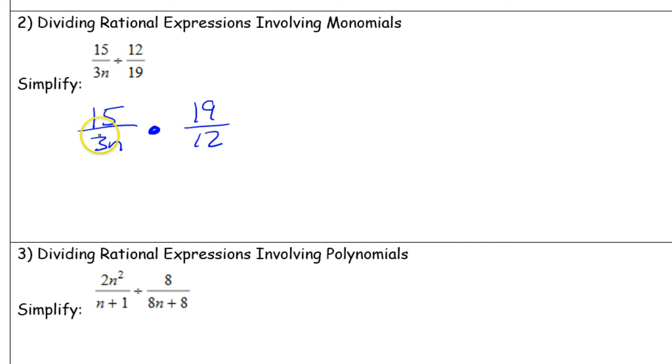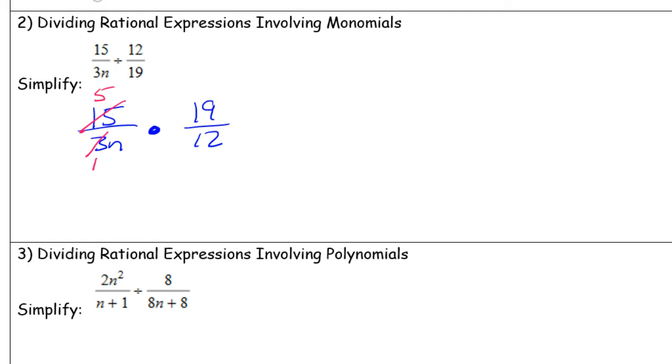Now there's no reason not to reduce the 3 and the 15 right now. 3 goes into itself once, and 3 goes into 15 5 times. So 15 over 3 reduces down to 5/1.